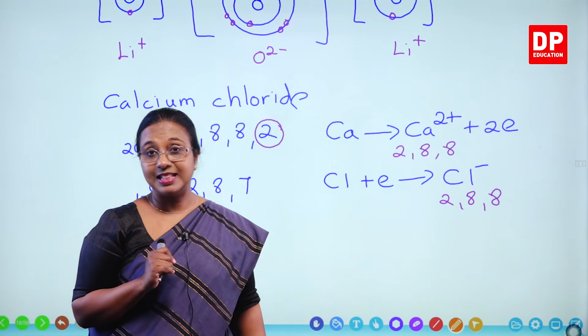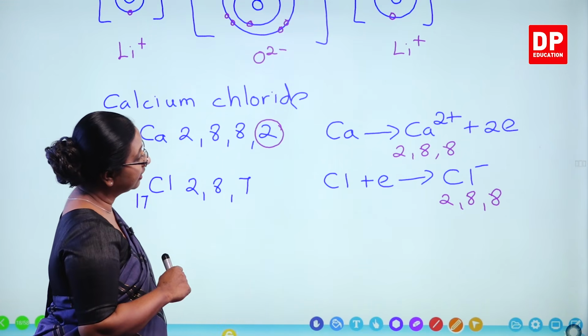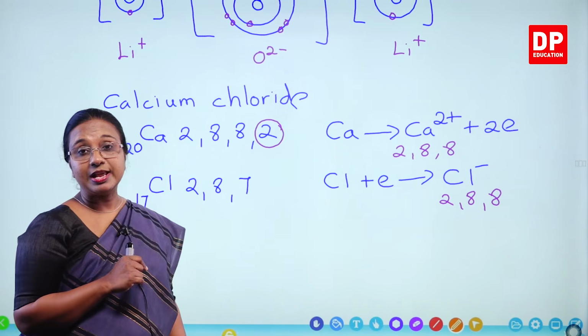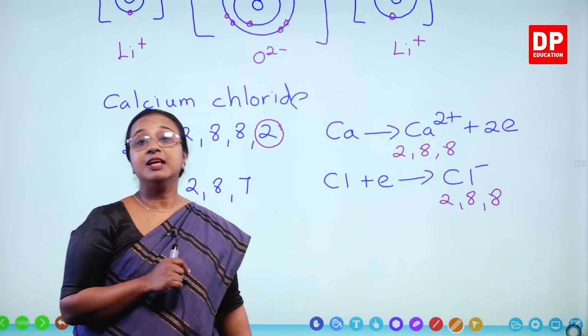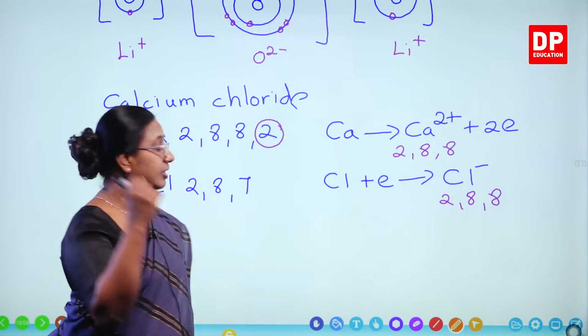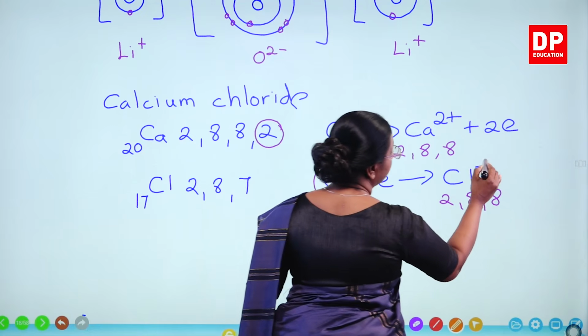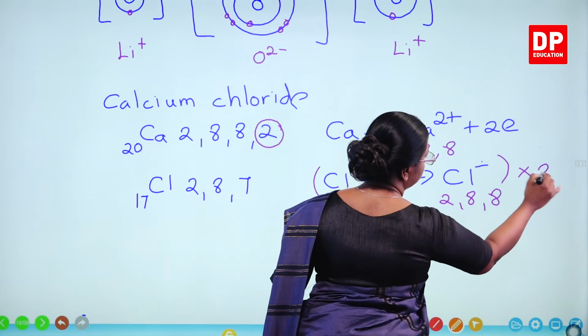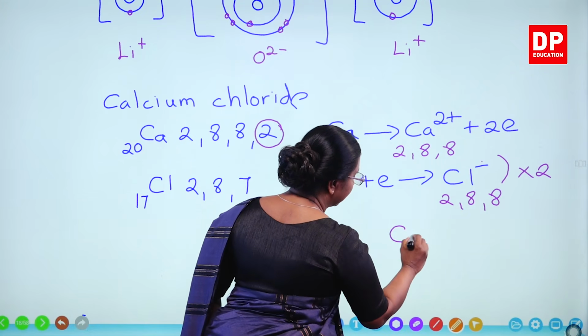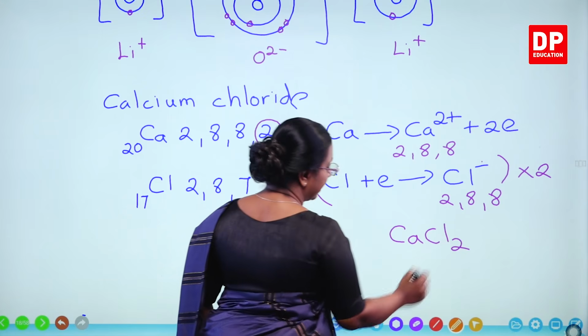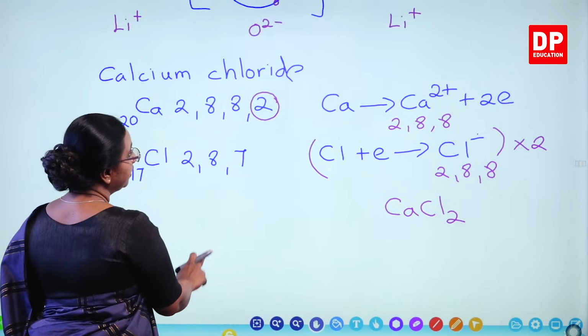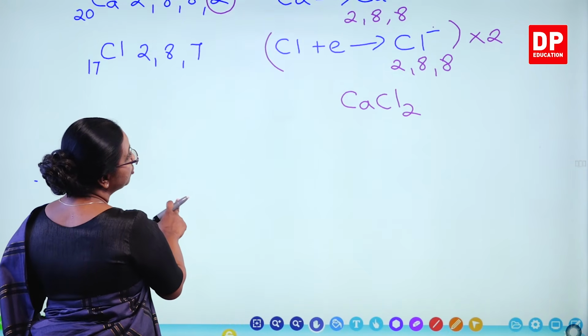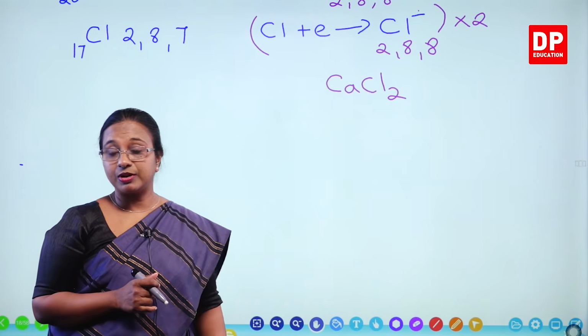You all can see that as well. So again, calcium loses 2 electrons and chlorine gains 1 electron. So there have to be 2 chloride ions formed. So that is why we get the formula CaCl2.